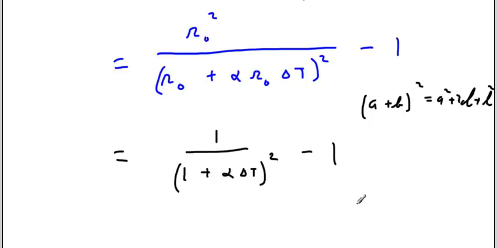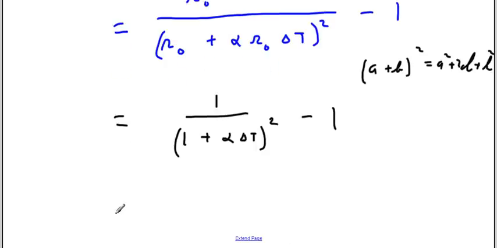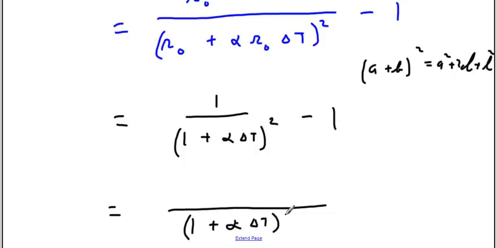All right. And then we could go and find a common denominator. Okay, so our common denominator is (1 plus alpha delta t) squared.